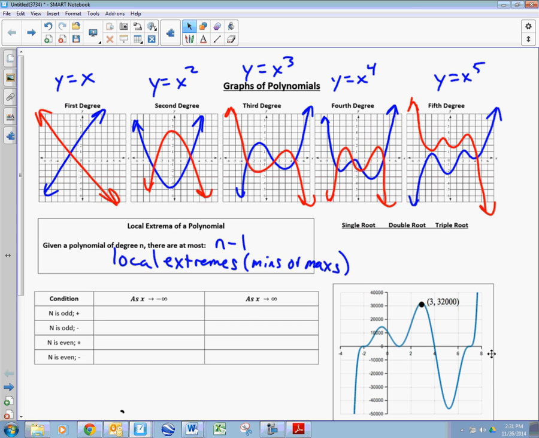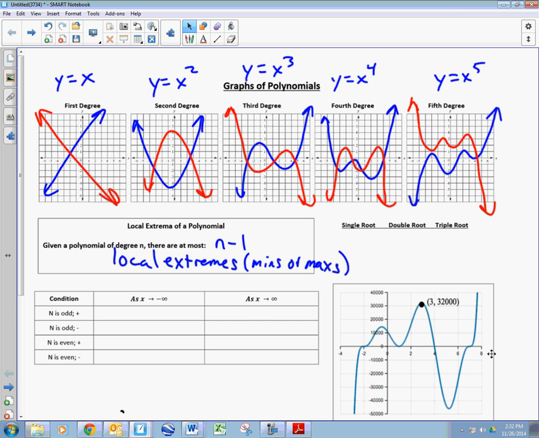So look at these. They all finish down, don't they? Can you help me understand how I can predict whether it's going to finish up if it's positive, and finish down if it's negative, right? Can you tell me something about which direction it's going to start? If it's odd, it starts opposite of where it finishes.